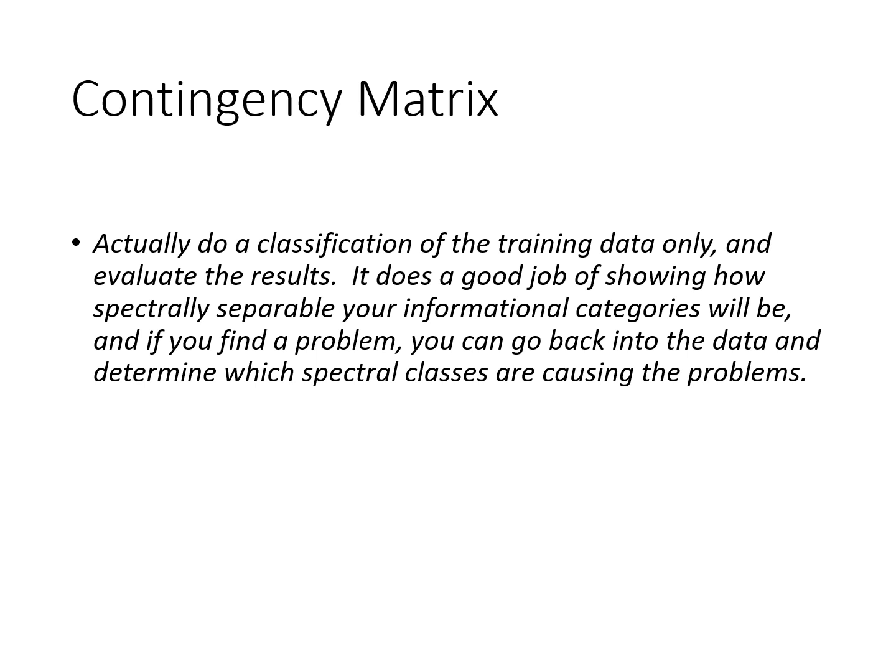So if you find that, oh wait, lots of my oats are being classified as corn, if that's happening at the training data level, then that's a problem. It's just going to follow through. So you're going to have to go back to your data and figure out what spectral classes are causing the problem. You might have to redefine what spectral classes you're going to produce.